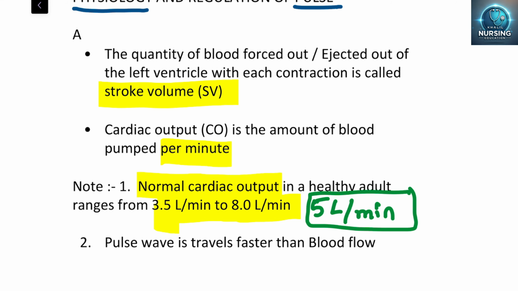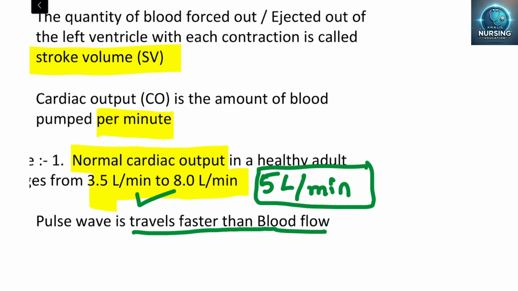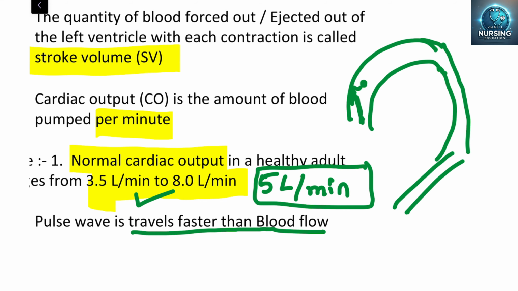This is average and this is the range. Clear? Okay. Pulse wave travels faster than blood flow, of course. If I say this is the aortic arch of the aorta and this is the peripheral radial artery, which is coming from the arch of the aorta and branches off, right? Once the force is applied by the blood after the systole, this blood flow will remain here only, but that contraction will expand the wave, and that will go very fast. So the blood is still coming, but the waves move very fast.